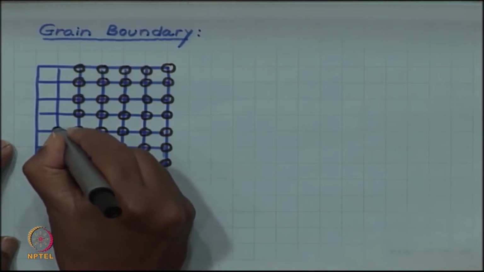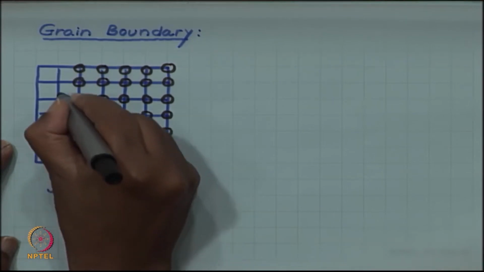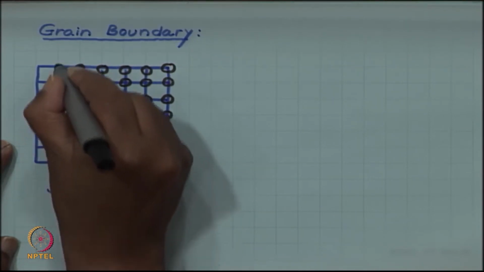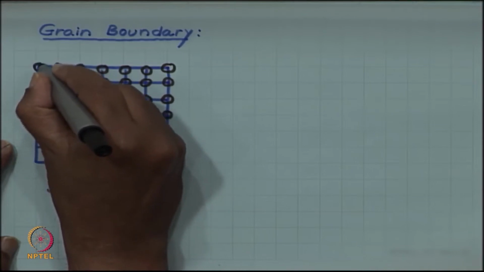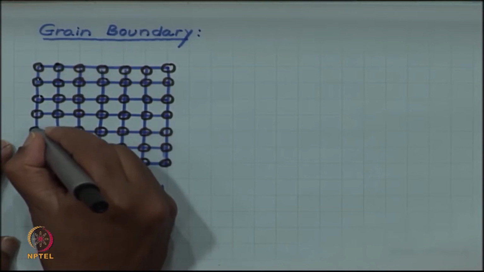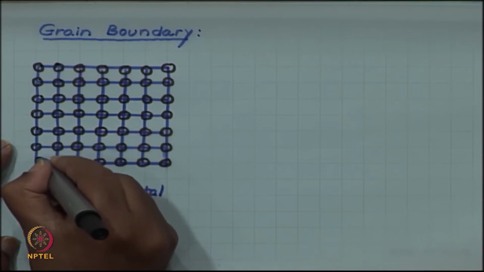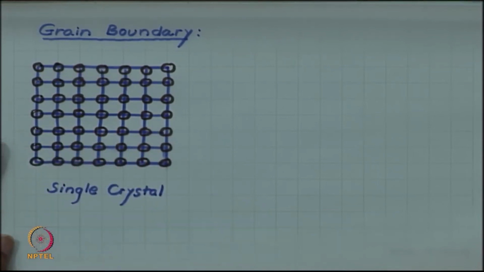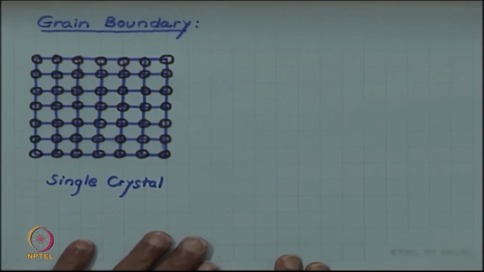Such samples will be called polycrystalline, and they will have more than one orientation of the unit cells within the same sample. So, to contrast it from polycrystalline, the standard crystalline material, or crystal with nice periodicity from end to end, is what we have called single crystal.